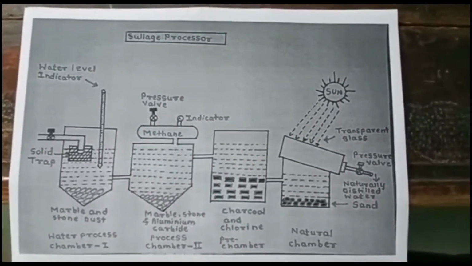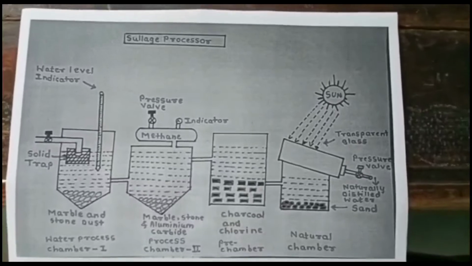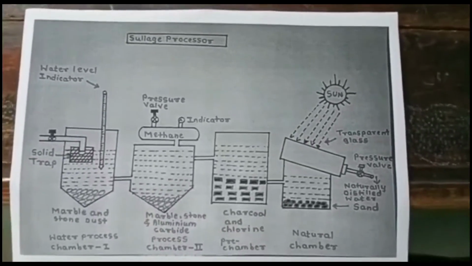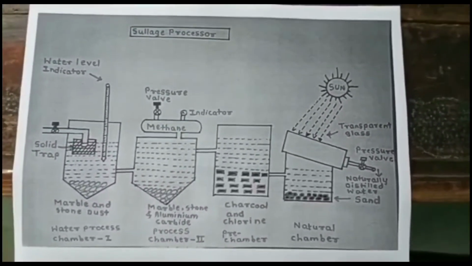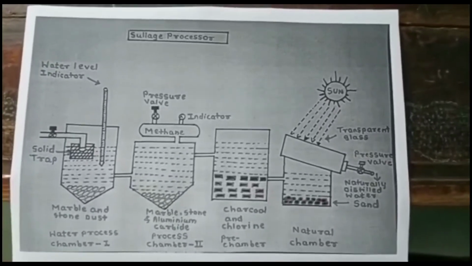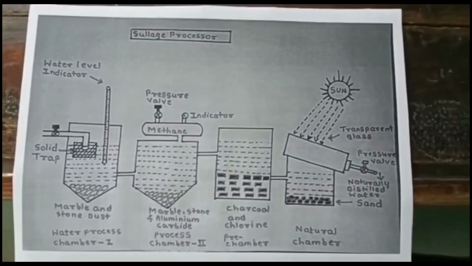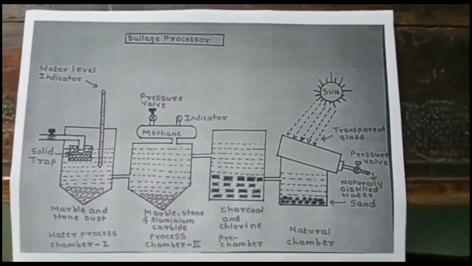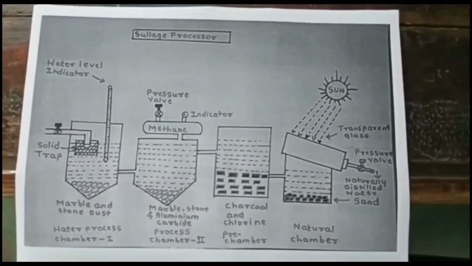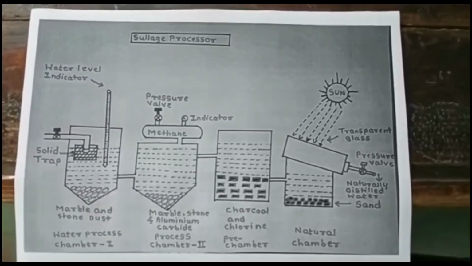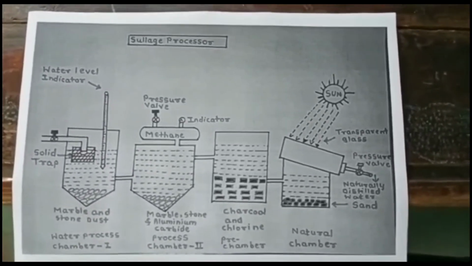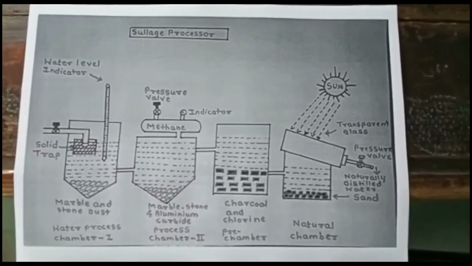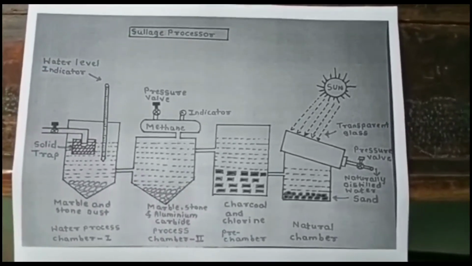The normal process chamber number 2 also consists of aluminium carbide. The basic purpose of using aluminium carbide in process chamber number 2 is to produce methane gas by chemical reaction with the wastewater in chamber number 2.